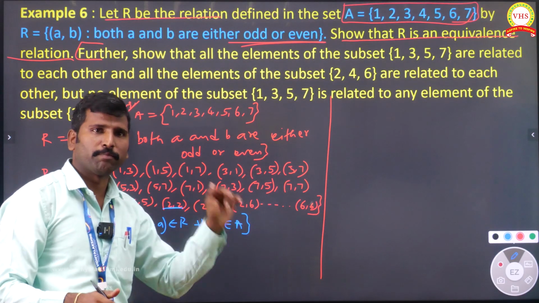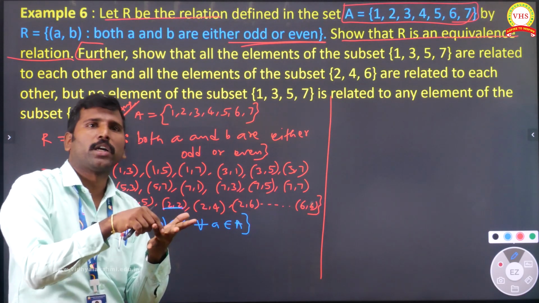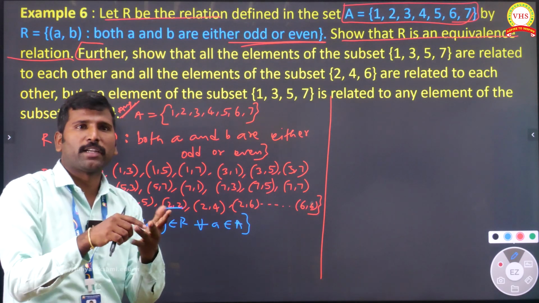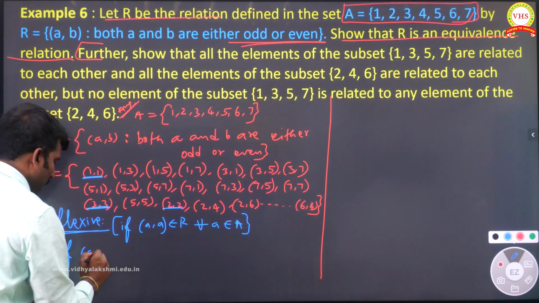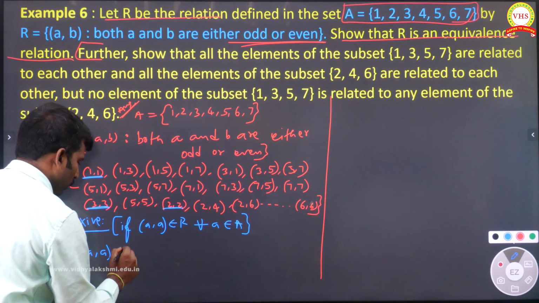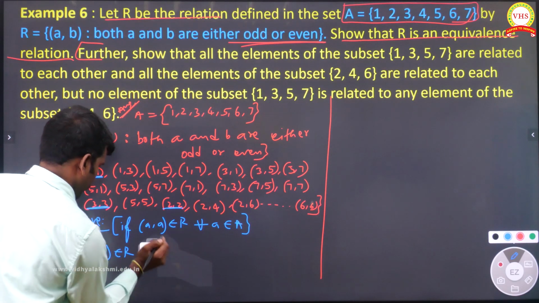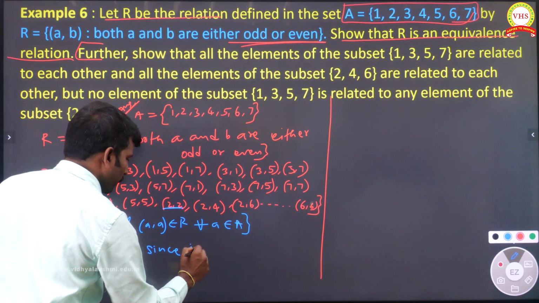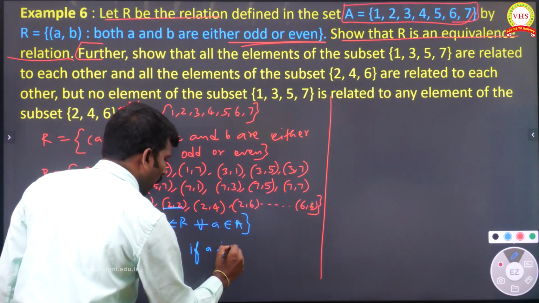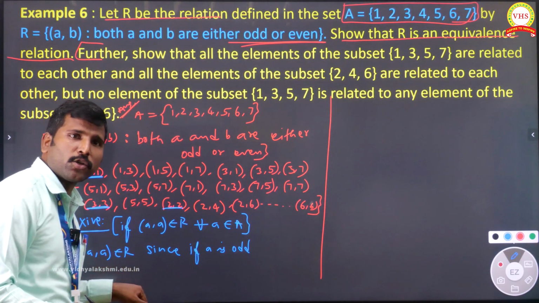5, it will form because (4, 4) is even to even, (5, 5) odd to odd, (6, 6) even to even. So everything will be there. So (a, a) belongs to R for all a, since if a is odd, the second is also odd.